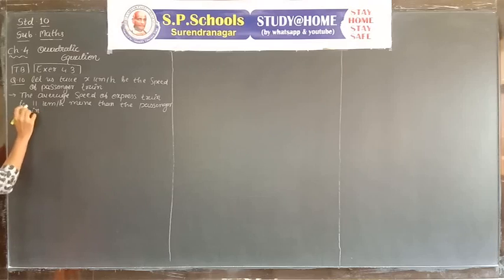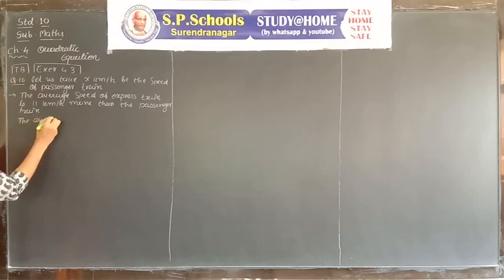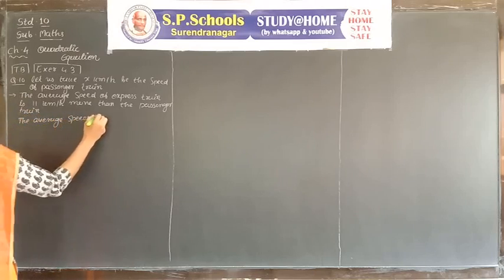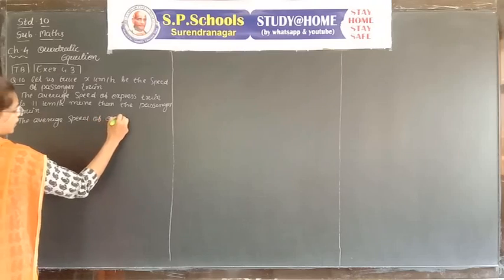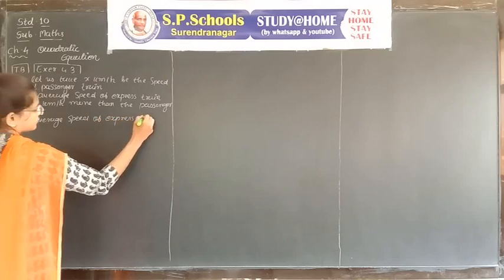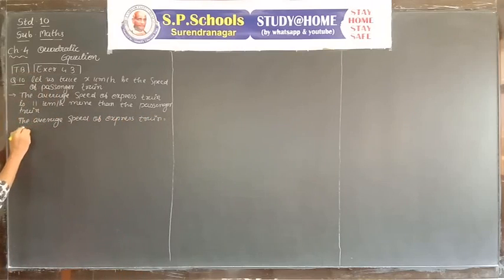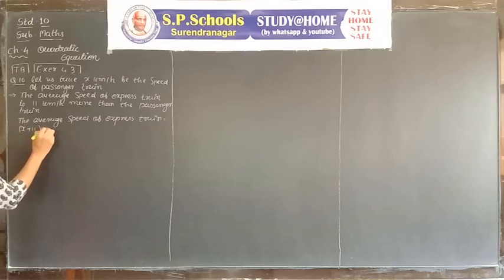Therefore, the average speed of the express train is equal to 11 km per hour more, x plus 11 km per hour.